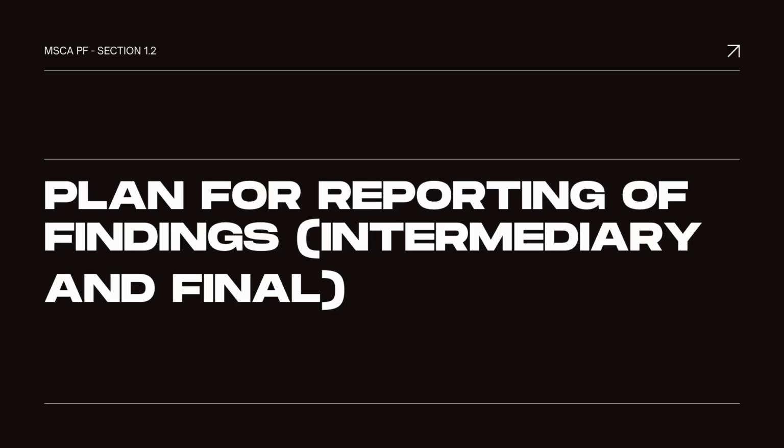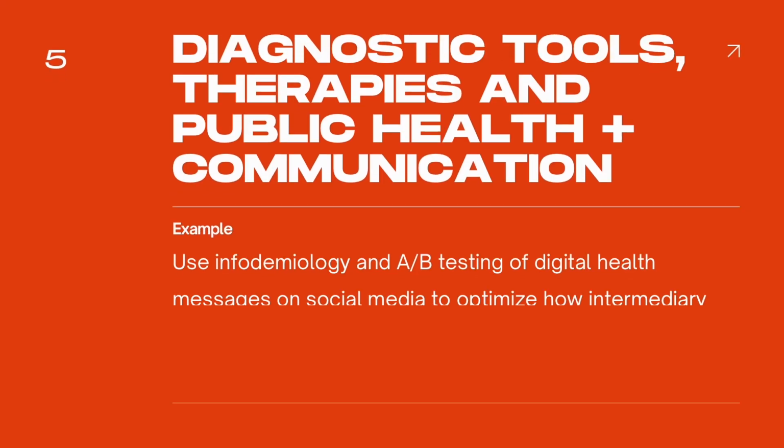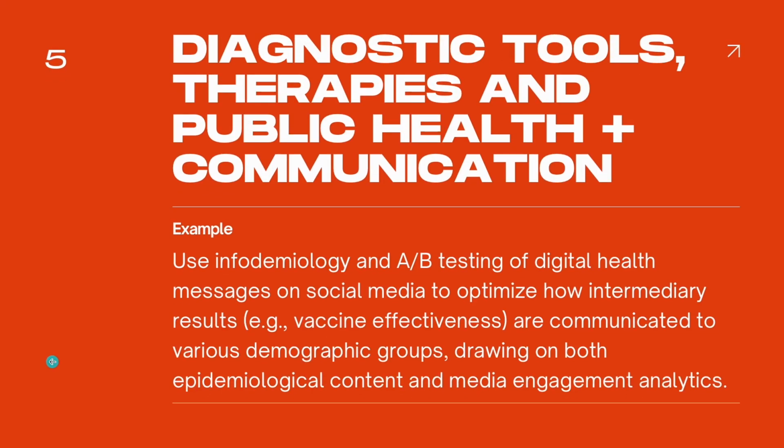Finally, if you cannot figure out what to innovate in any of the above, you can also try to come up with an innovation in how you plan for reporting your findings. Here, ask yourself, how can I turn dissemination itself into an experiment? For example, you could blend public health content with communication science and A/B test digital health messages on social media.